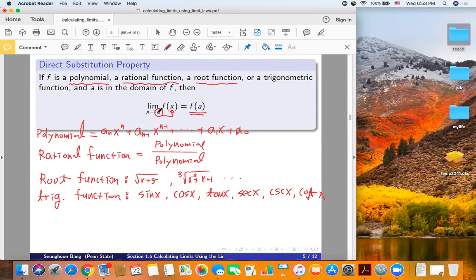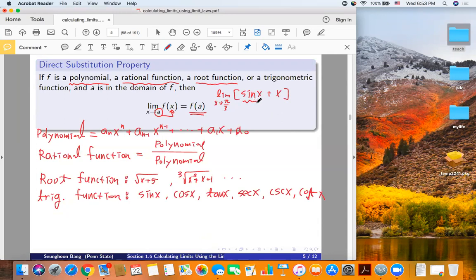Only plug a into x. So an example is like this: the limit as x approaches pi over 3 of sine x plus x. How can you do that?